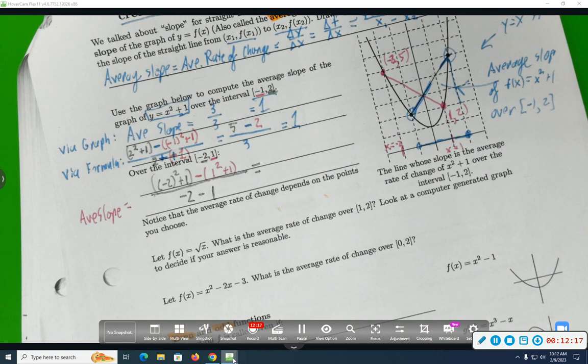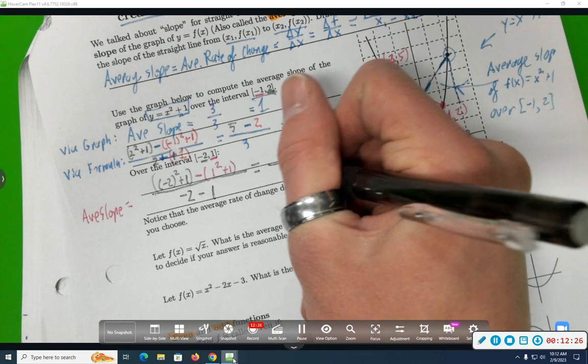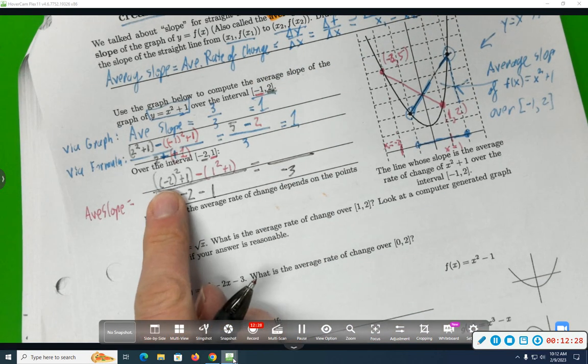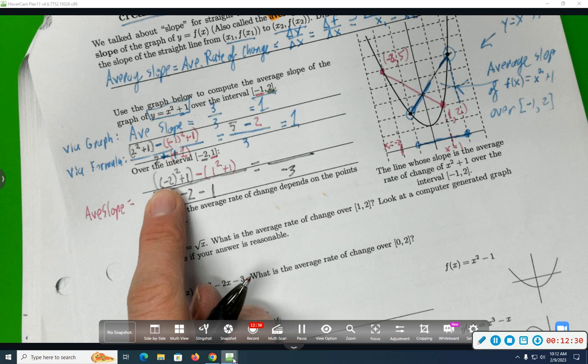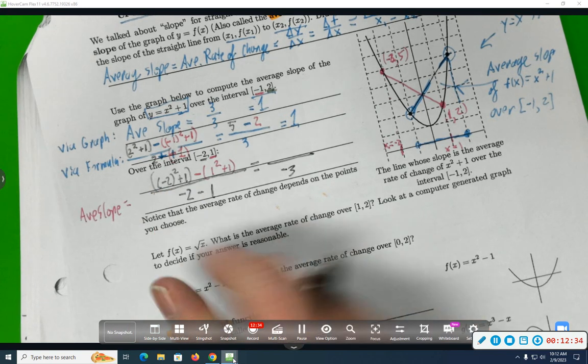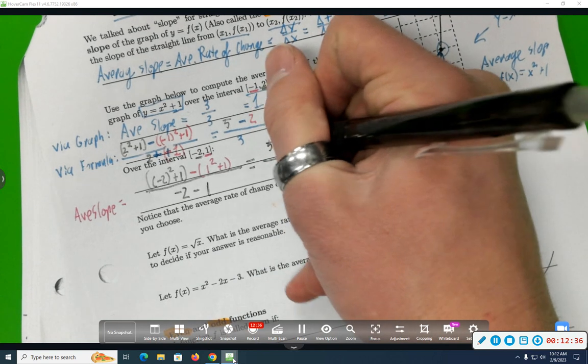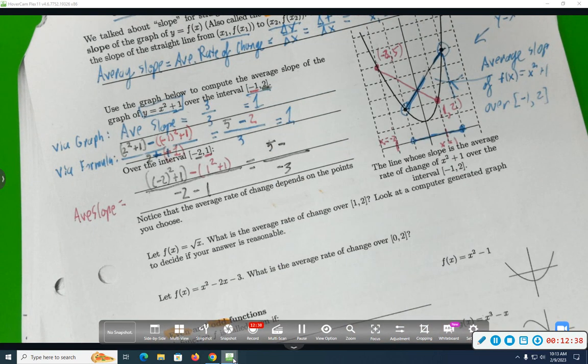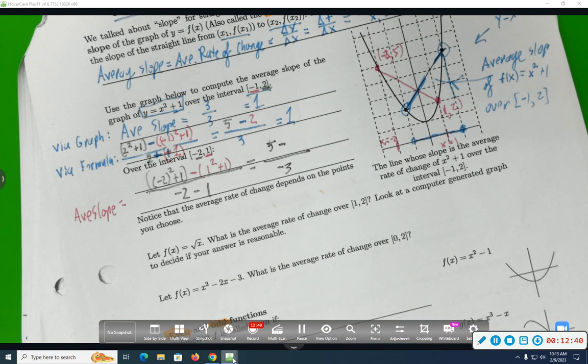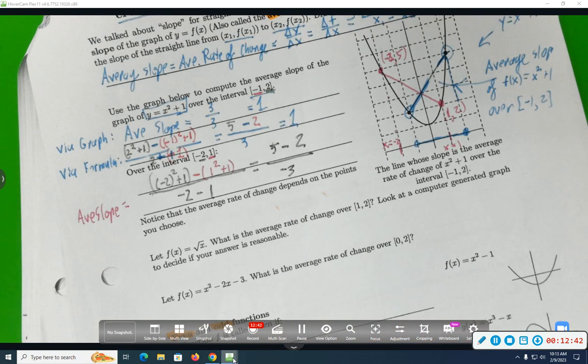The denominator: negative 2 minus 1 is negative 3. Negative 2 squared is 4. The negative sign doesn't matter. So 4 plus 1 is 5, and 1 squared plus 1 is 2. 5 minus 2 over negative 3. Is that negative 1?